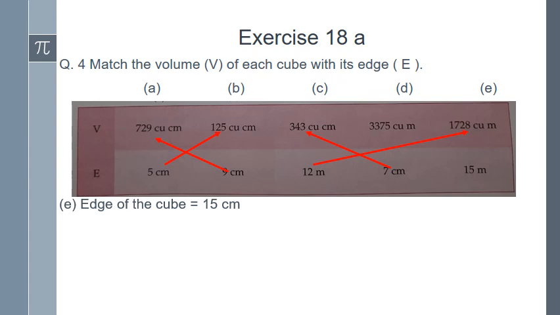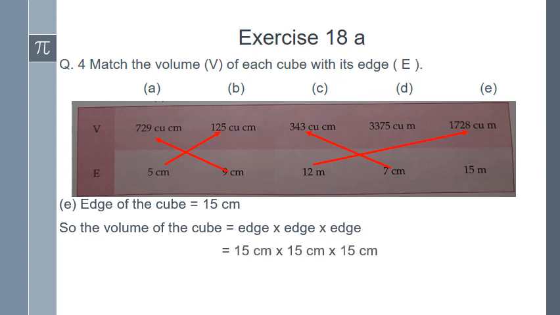Now children, the volume of the cube will be edge multiplied by edge multiplied by edge, which is equal to 15 centimeter multiplied by 15 centimeter multiplied by 15 centimeter, which in turn is equal to 3375 cubic centimeters. So now match this 15 meter edge with the volume 3375 cubic meter written under part D in the volume row.